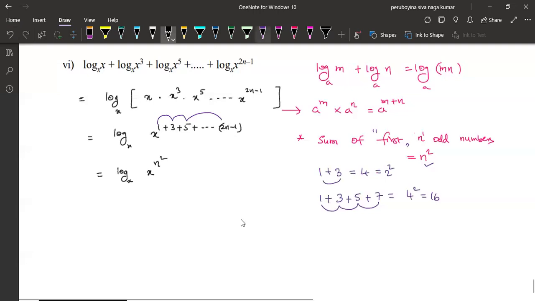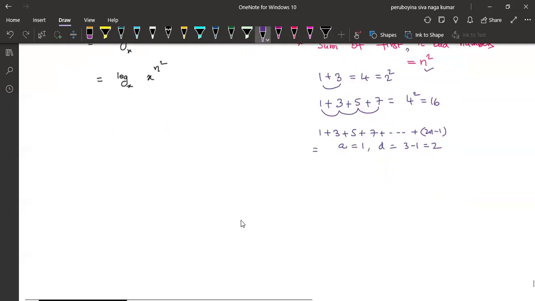And I will calculate separately if you don't trust this sum. So 1 plus 3 plus 5 plus 7 plus and so on plus 2n minus 1 equal to, actually this is an arithmetic progression. First number is 1 and common difference is 3 minus 1, which is 2. We learned it in sequence and series. And for Sn, how many numbers do we need to calculate?